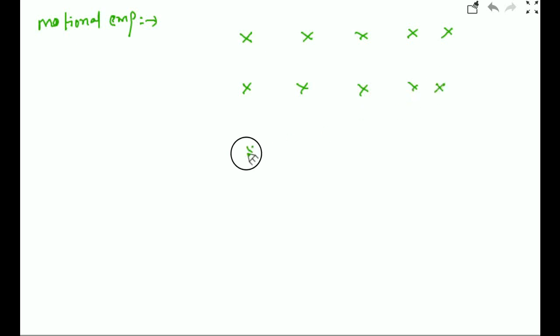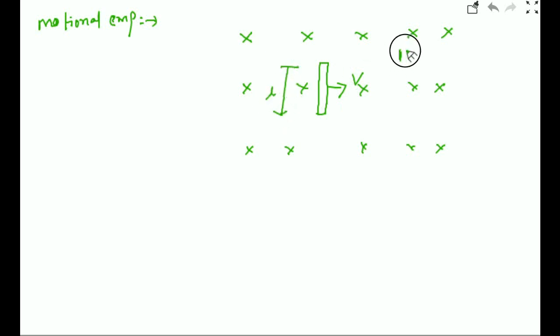Second, you have one conductor of length L moving with velocity v. The first condition for the motional EMF is that B, L and V are all perpendicular to each other.